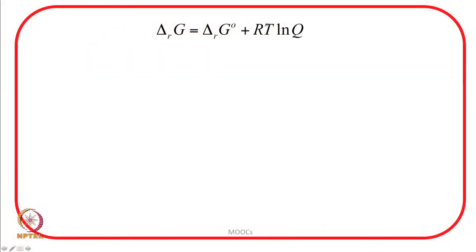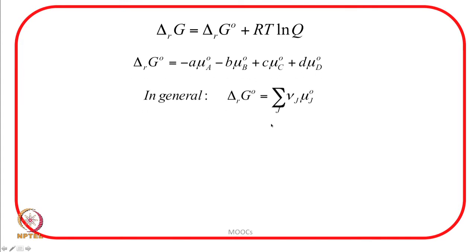What we have is delta R G is equal to delta R G naught plus RT log Q. We have just derived this, and we also discussed that this standard reaction Gibbs energy is equal to difference in the sum of the chemical potentials of products and chemical potential of reactants weighted by their stoichiometric number. I can also express this in a general form, and the expansion of this will result into this kind of expression.